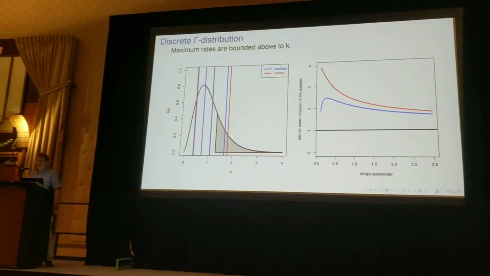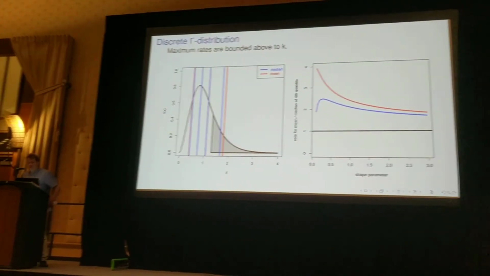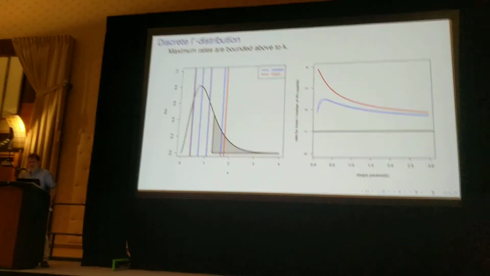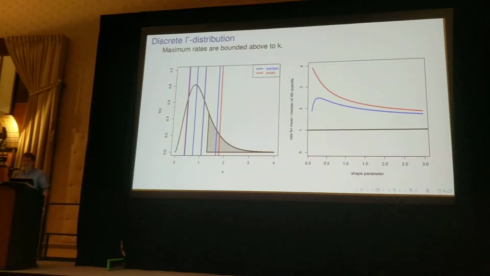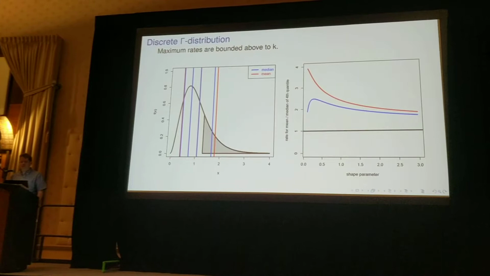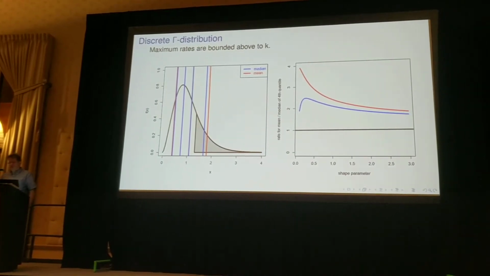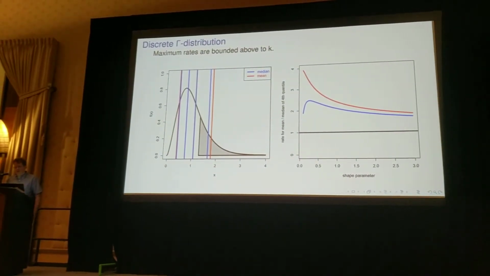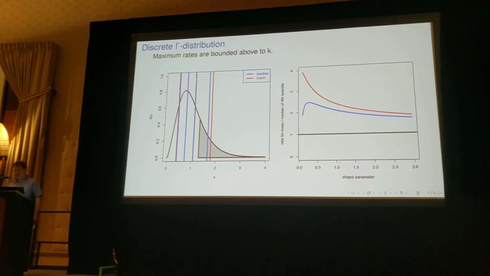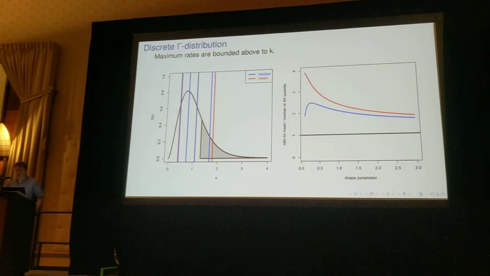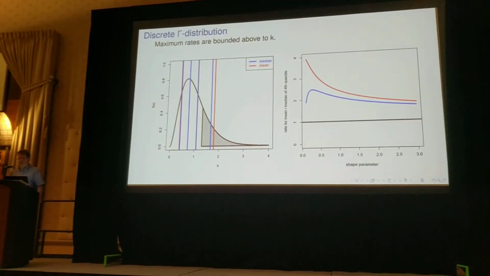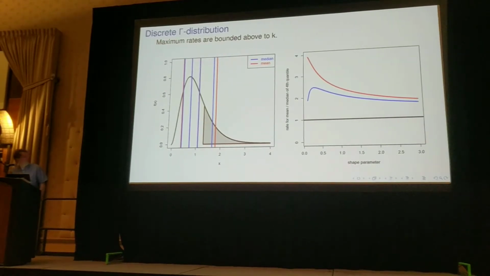So here I showed what happens when we vary the shape parameter: what is the mean, or the median, of the highest rate class.